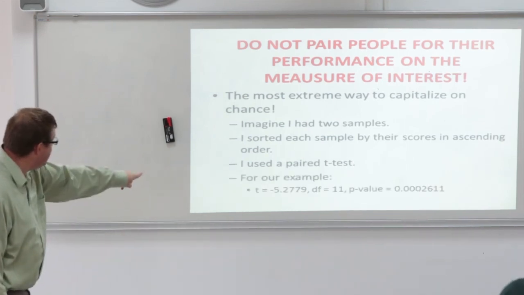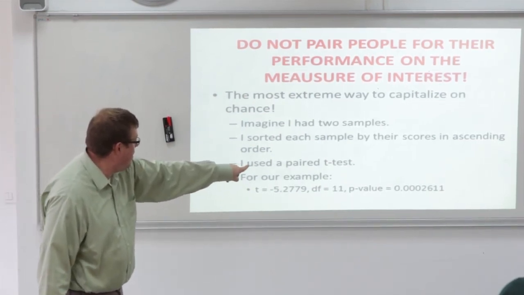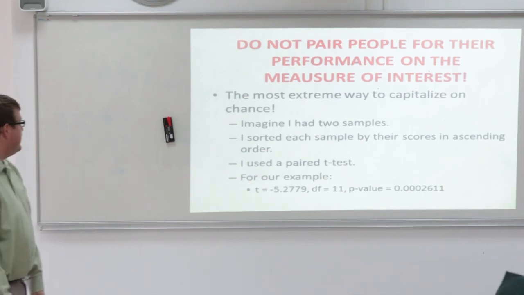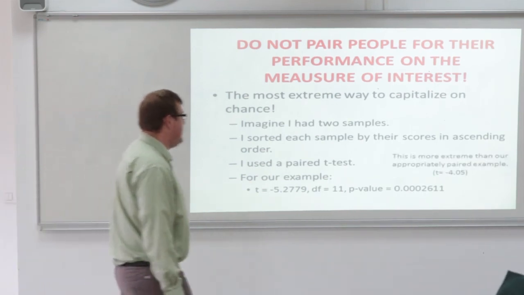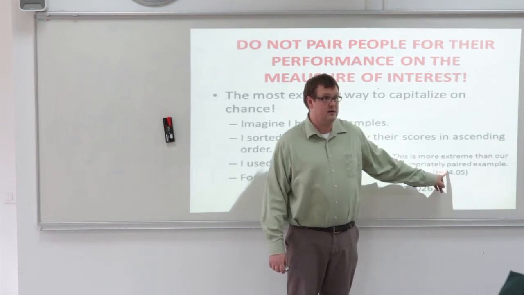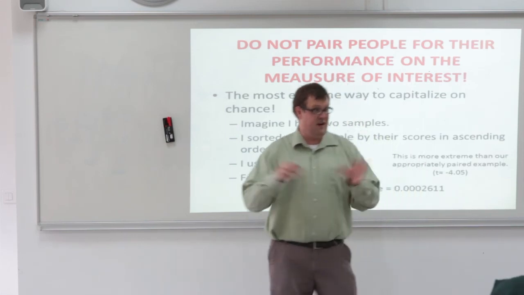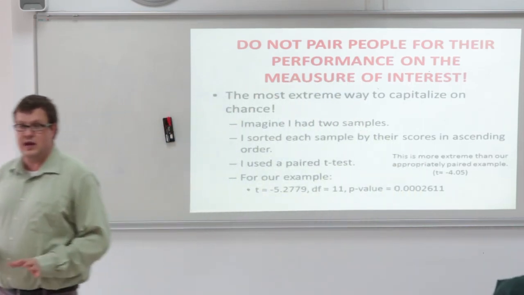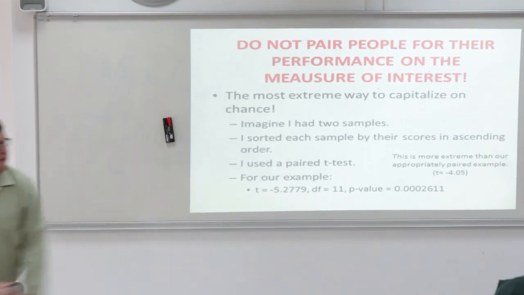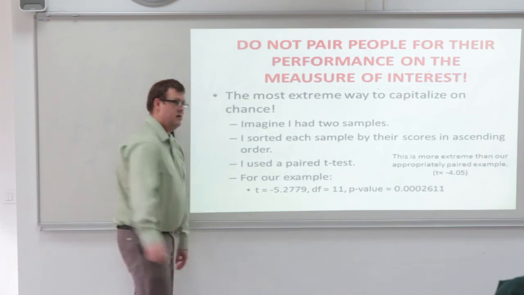And we got a t of negative 0.5, p-value 0.0002. This is actually much more extreme than our paired test was, because we took advantage of this artificial pairing to increase the correlation in our data and get rid of more variance on the bottom, which will inflate our t.